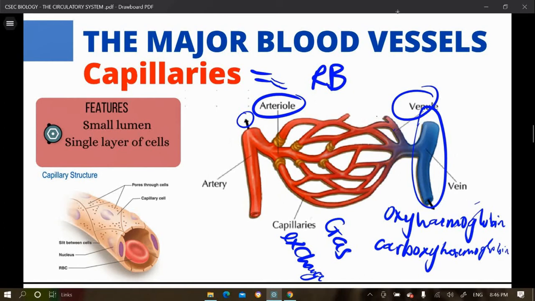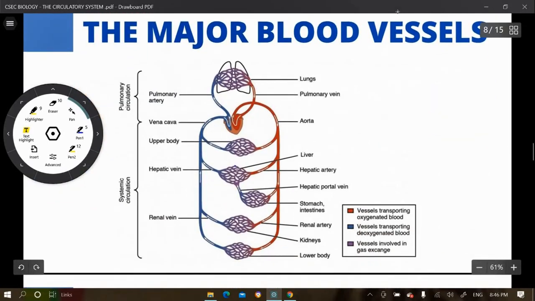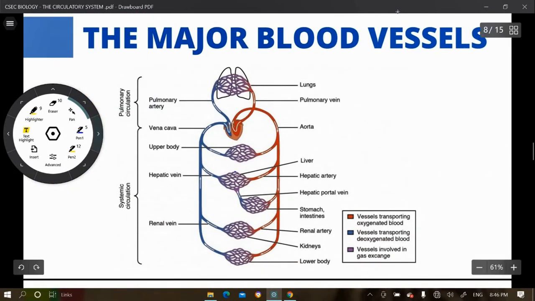That would be when they're bringing oxygenated blood to the muscles or organs that need it, while carboxyhemoglobin would be hemoglobin with carbon dioxide rather than oxygen. And that would be when they're leaving the muscle with the waste carbon dioxide that needs to be expelled when you breathe. Okay? So that's that. And the major blood vessels that you need to know.